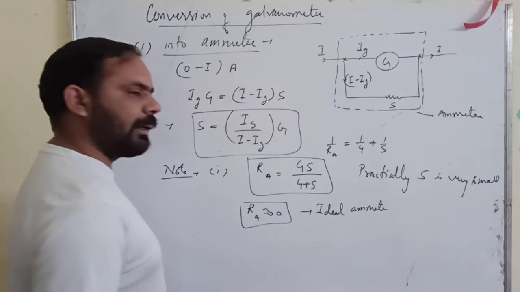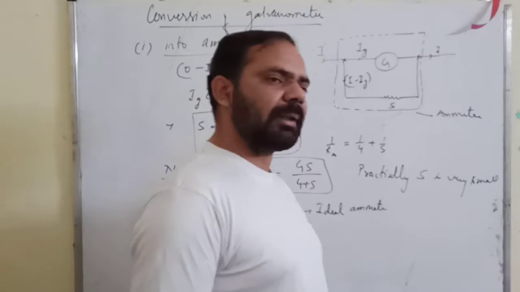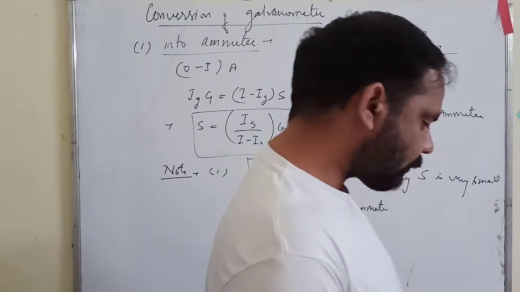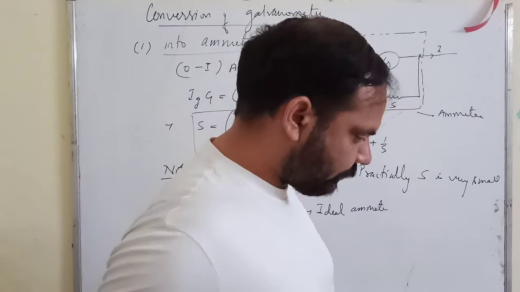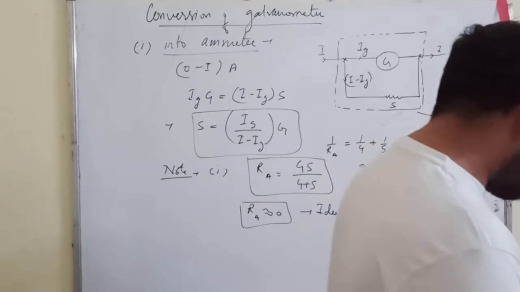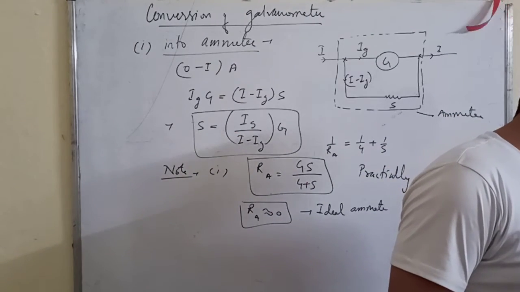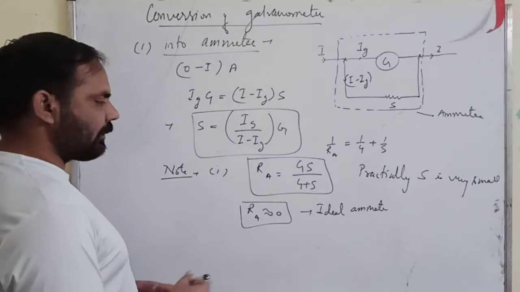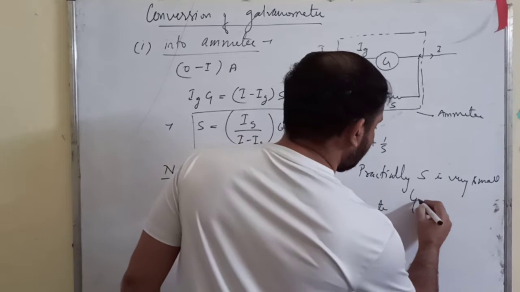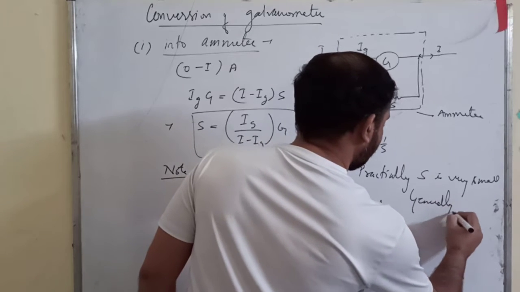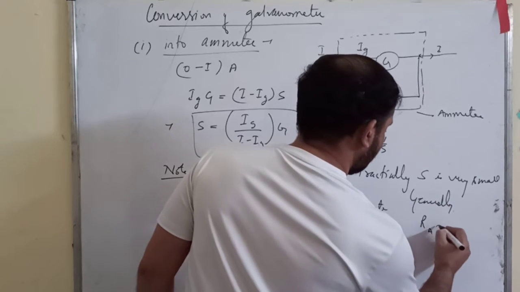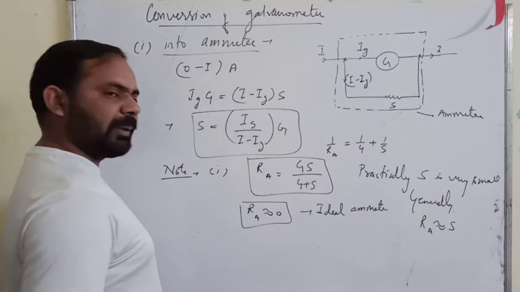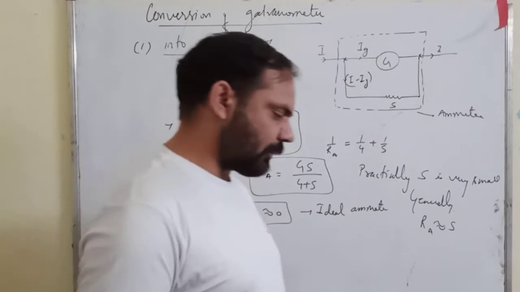An ideal ammeter is one in which the resistance is almost 0. Otherwise, generally RA is approximately equal to the value of S.